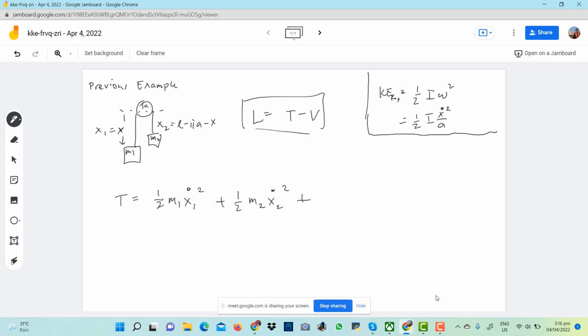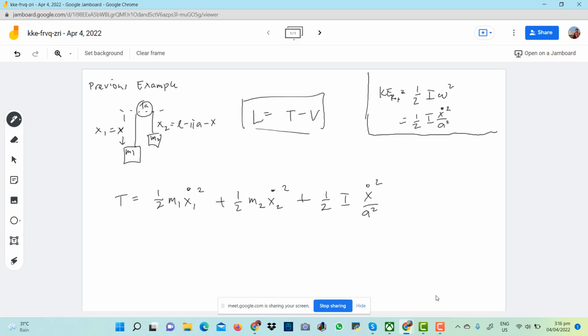I think I made a mistake with the square on my radius, because it is omega squared. Take note, omega is the angular velocity, and angular velocity can be written as the linear velocity over the radius. So we have 1/2 times I times x dot over a, squared. I is constant there.